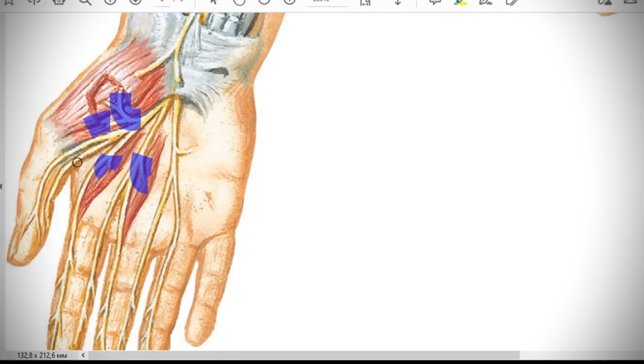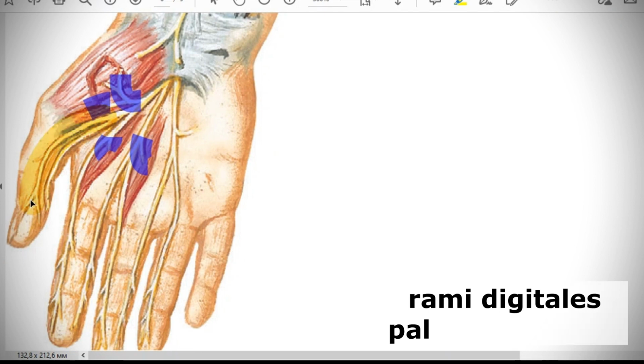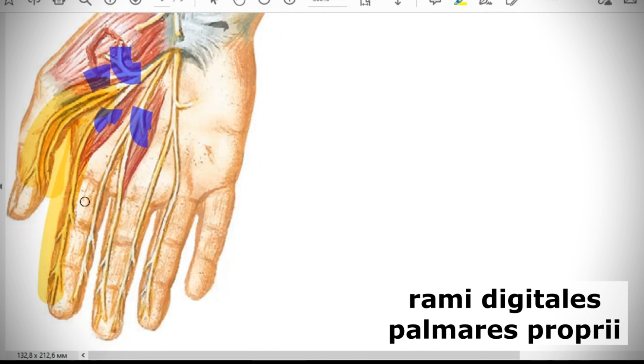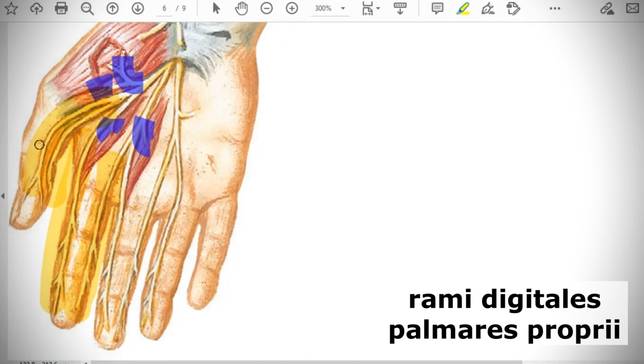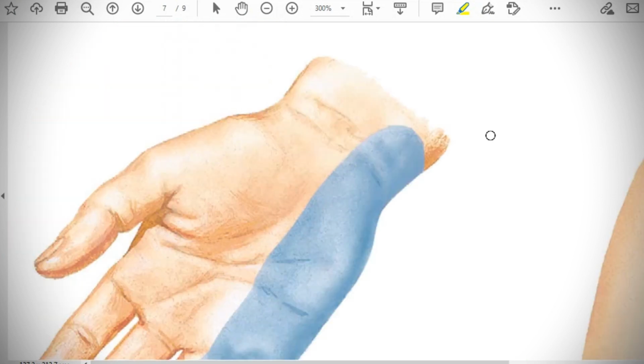The sensory skin branches divide into palmar proper digital branches and innervate, as you can see, the palmar surface of the whole thumb, the palmar surface of the whole second finger, the palmar surface of the whole third finger, and the lateral aspect of the fourth finger, and half of the skin of your hand, the palmar surface.